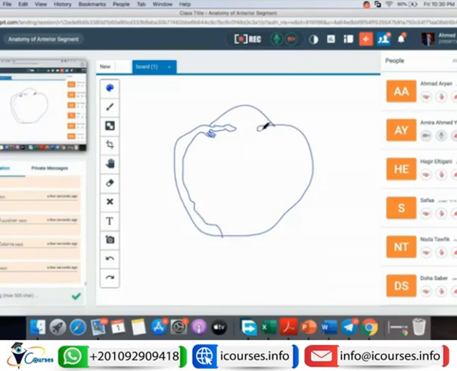Again, this is the iris, this is the ciliary body, and this is the choroid, which ends at the optic nerve. So all layers of the choroid end at the optic nerve, except for the choriocapillaris, which ends at the ora serrata. So we have a layer here called Bruch's membrane.